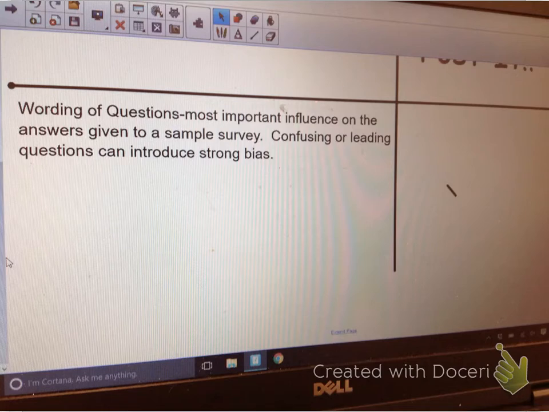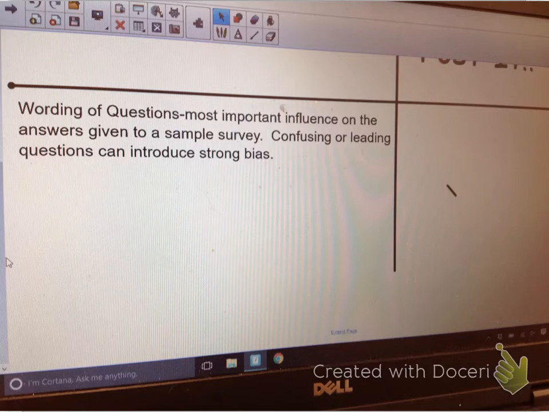Hopefully you noticed the wording of the question. We'll talk more about this when I hand the handout out on Monday, but wording of the question is huge. It's the most important influence on the answers given to a sample survey. Confusing or leading questions can introduce strong bias. The best example I have for you is if you've ever come home late and your mom and dad said, "Jerry, you're late. You were out making bad choices, weren't you?" This is a leading question.